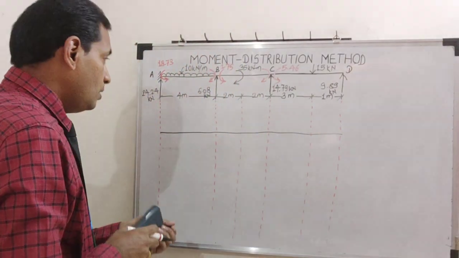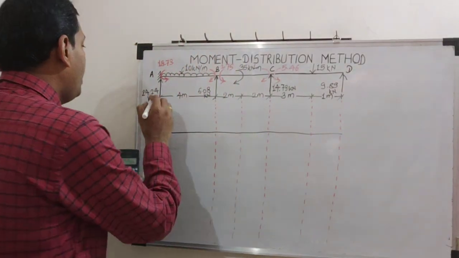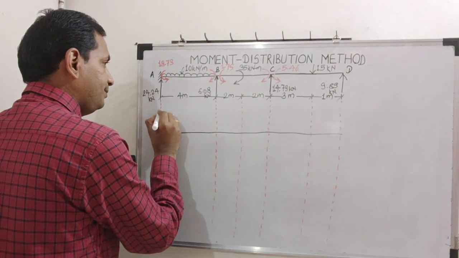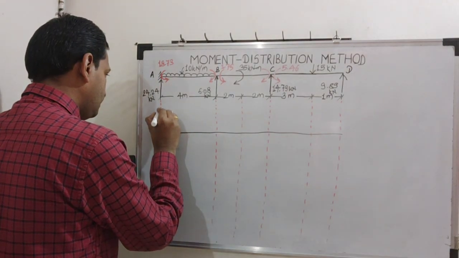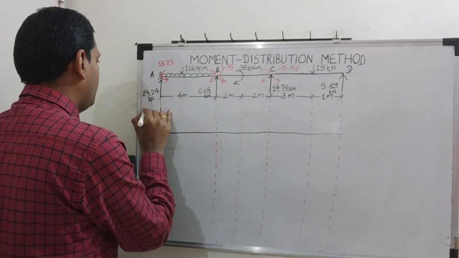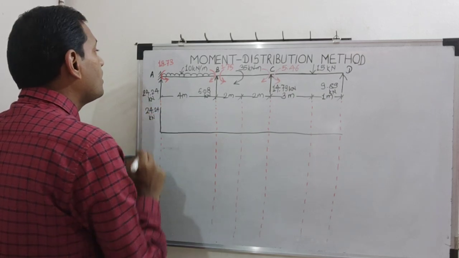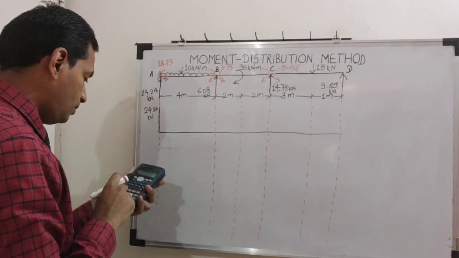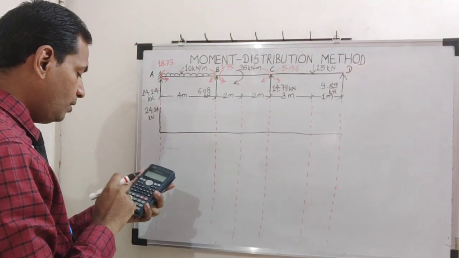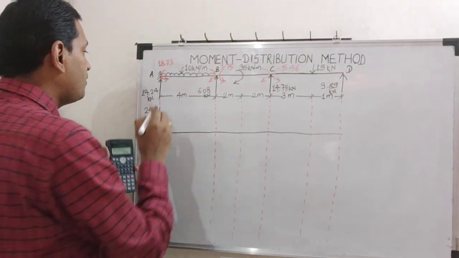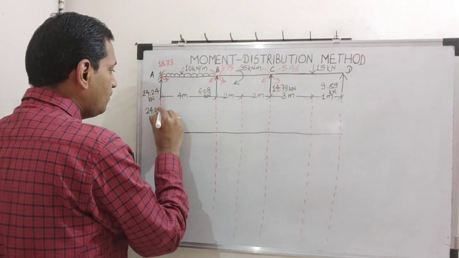Okay, so 24.24 is here, the shear force value. From this subtract 10 into 4, so 24.24 minus 40 is minus 15.76.